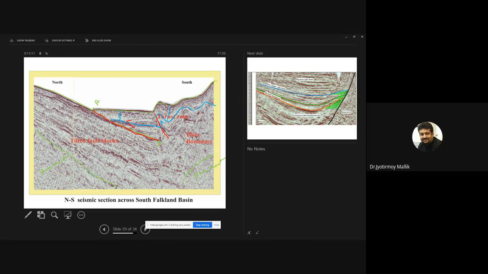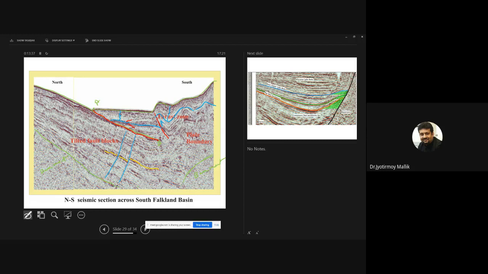And then of course you can observe here beautiful faults. They are normal faults. You can observe that if I now try to draw this horizon, here is my horizon going like this, and then this is being displaced by this fault, okay, and then displaced by this fault, displaced by this fault.